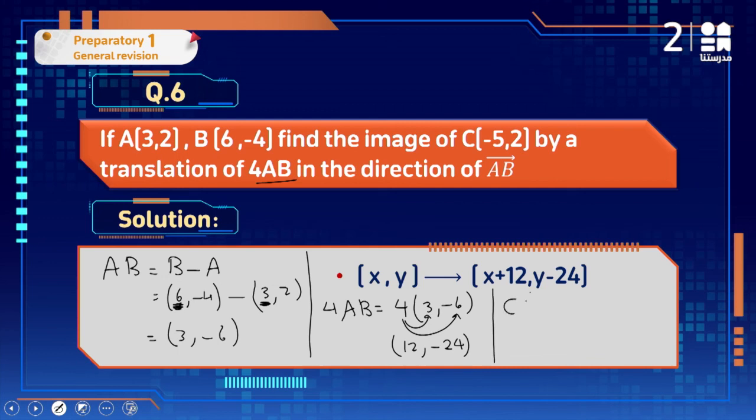C is (negative 5, 2). Add 12 to negative 5, so negative 5 plus 12, and 2 minus 24, which gives 7 and negative 22. So the final answer is (7, negative 22).